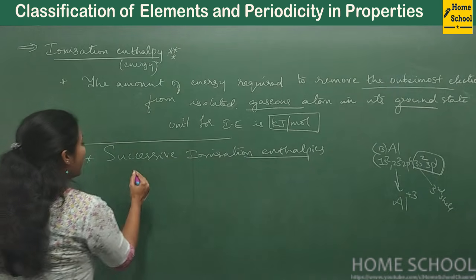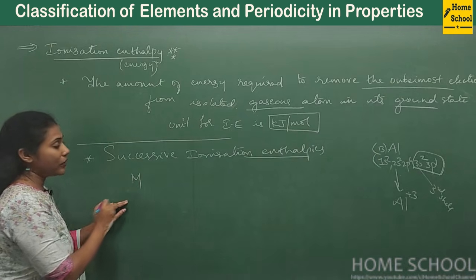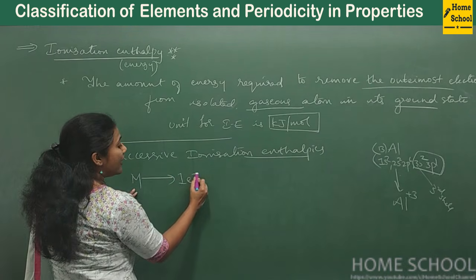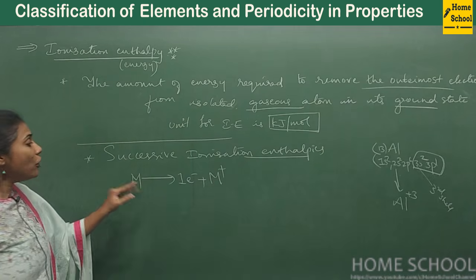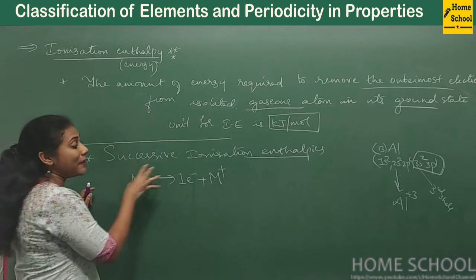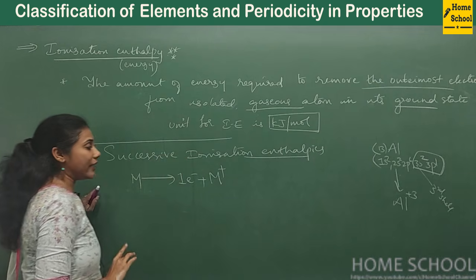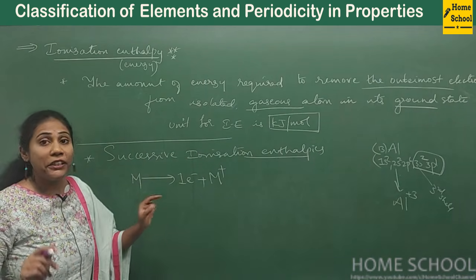Okay, so let me write that in the form of an equation. Say there is an element M. If this M, on losing one electron, becomes M plus. And you know what, after losing electrons, atoms or elements always become cations. M lost one electron and got converted into M plus.